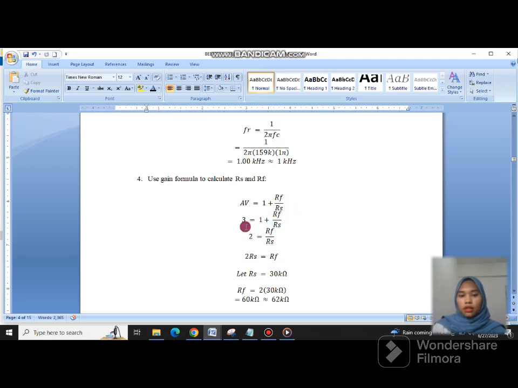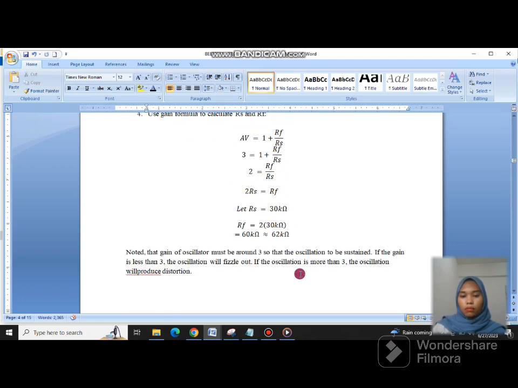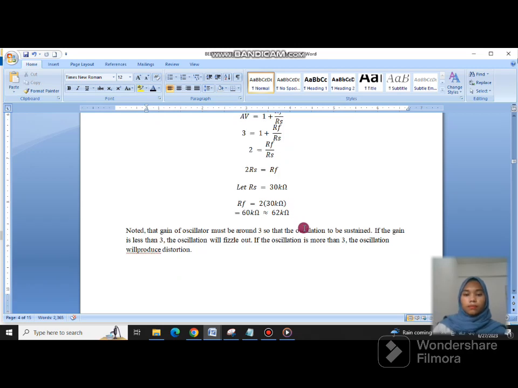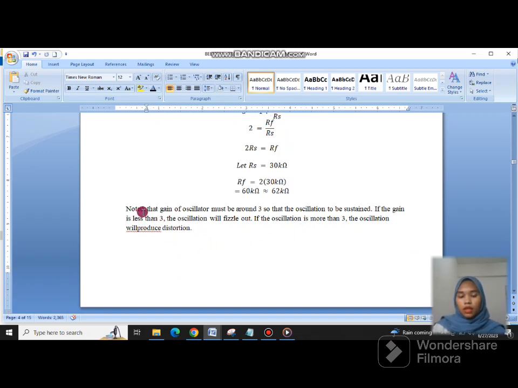So, 3 equal to 1 plus Rf per Rs. 2 equal to Rf per Rs and we get 2 Rs equal Rf. Then Rs equal to 30 kilo ohm and Rf equal to 62 kilo ohm.